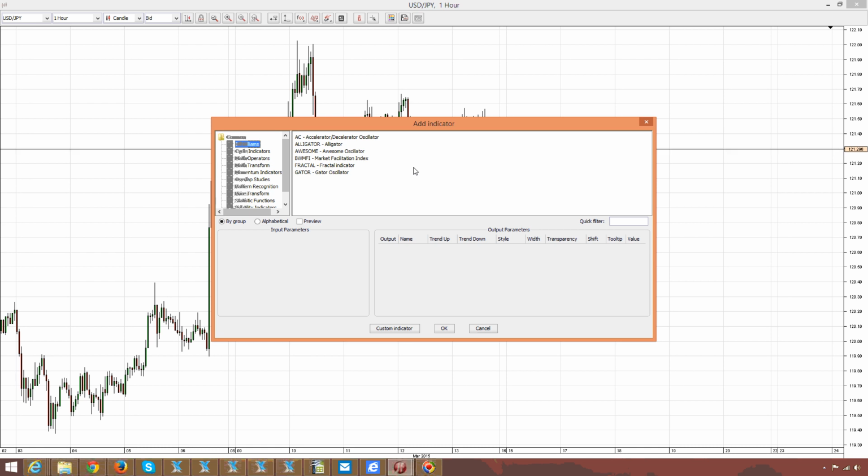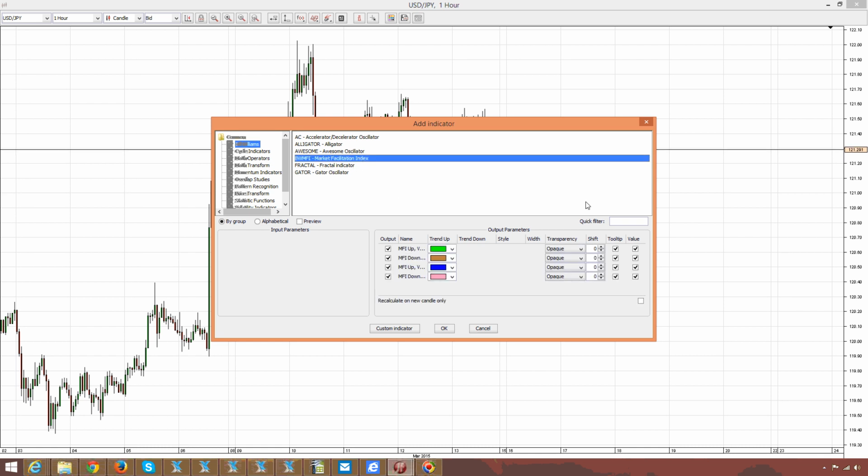In here we are talking about a lot of indicators, but this time we will discuss the market facilitation index. Before putting it on the screen, it needs to be interpreted a bit, in the sense that there are some things to consider.